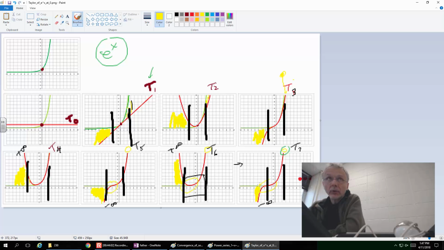What do you know about the asymptotes of polynomial functions? It's a trick question. They don't exist, right? Polynomials don't have asymptotes.